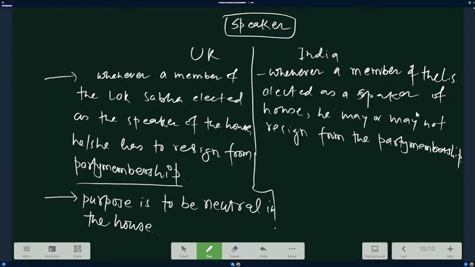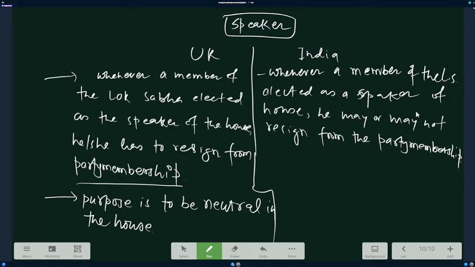For example, Om Birla has not resigned. But in the UK, when Somnath Chatterjee became the Speaker of the Lok Sabha, he resigned from the party membership.